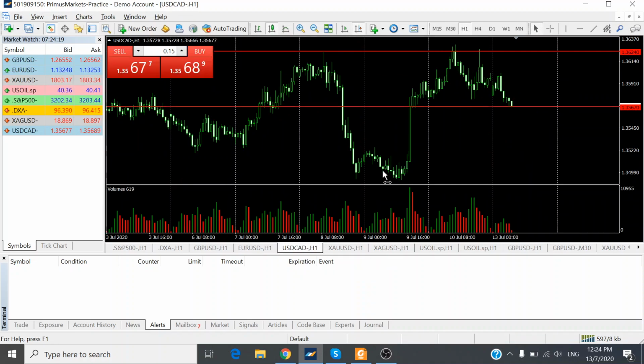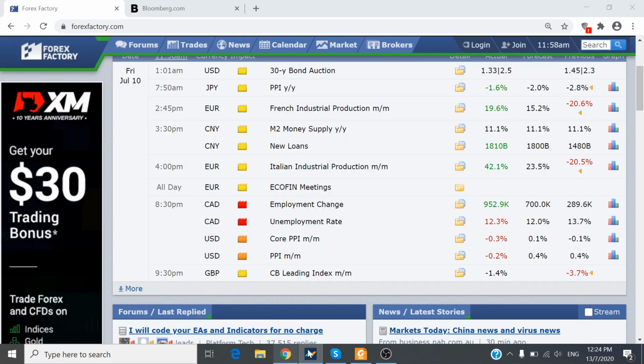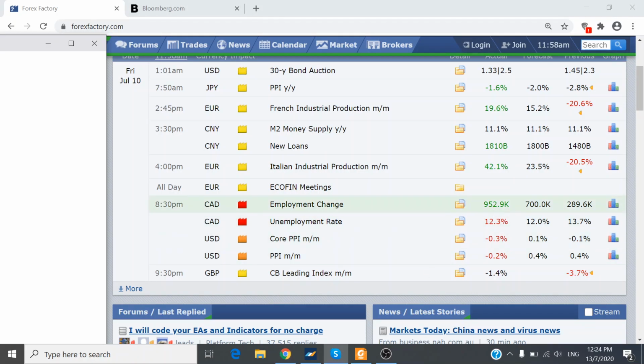So we do see again the Canadian dollar, as we saw just now. Last Friday, the Canadian dollar had an announcement at 8:30 p.m., which was the employment change data coming in above market expectations, coming in at 952,000 jobs created versus market expectations of 700,000 jobs. Okay. However, the unemployment rate increased a little bit to 12.3% versus market expectations of 12%.